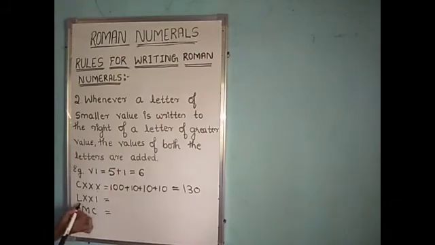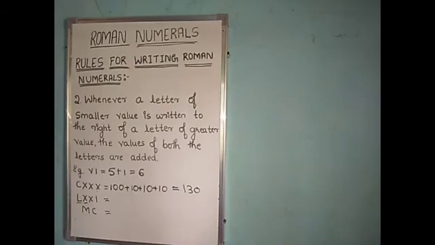So here X is a letter of a smaller value and L is a letter of a greater value. Here the letter of smaller value X is written to the right side of the letter of greater value L. So we have to add the numeric values of both the letters.